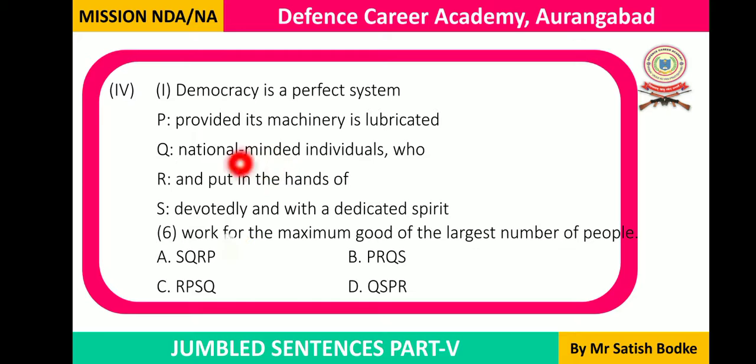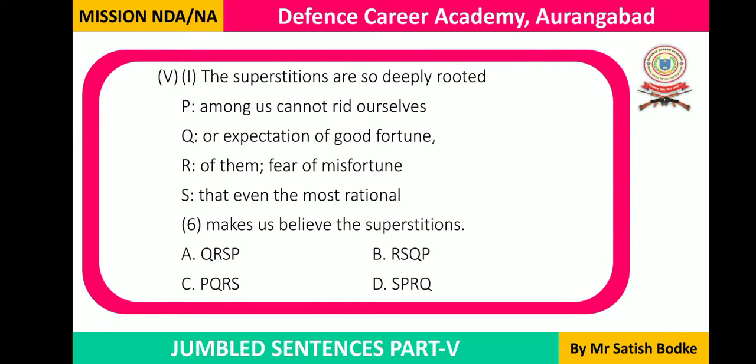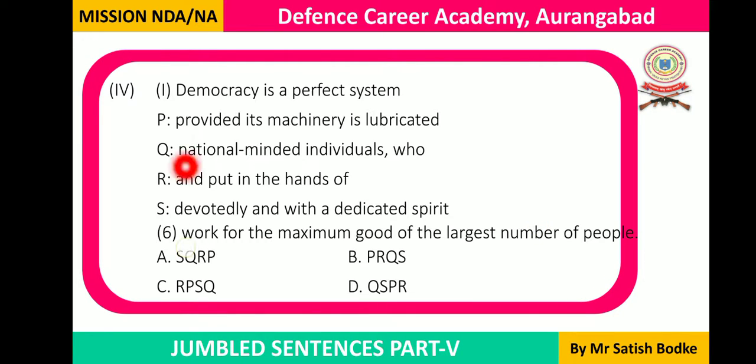Okay, what is the condition? Its machinery should be well lubricated, and it is put in the hands of national minded individuals who devotedly and with a dedicated spirit. And the last part, sometimes this kind of question can also appear, who devotedly and with a dedicated spirit work for the maximum good of the largest number of people.